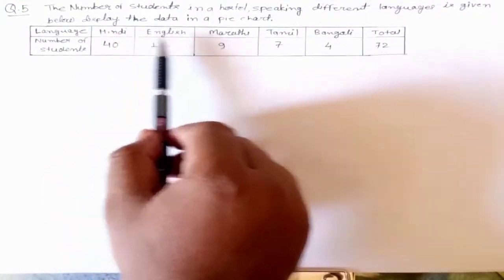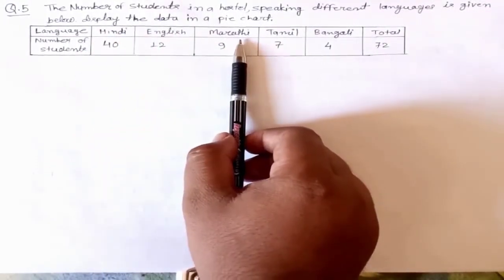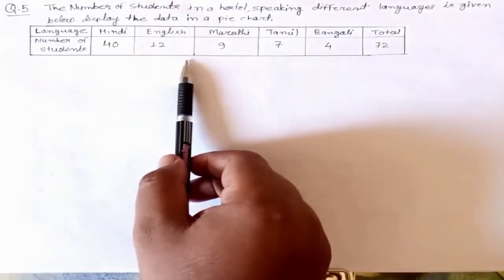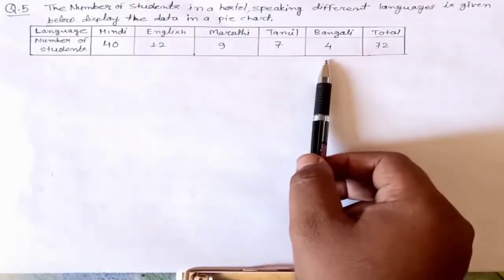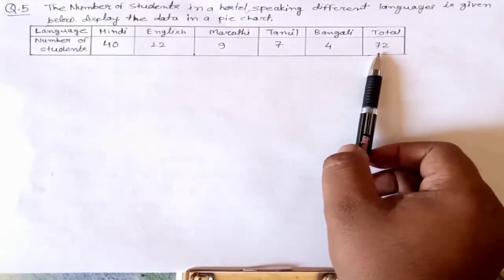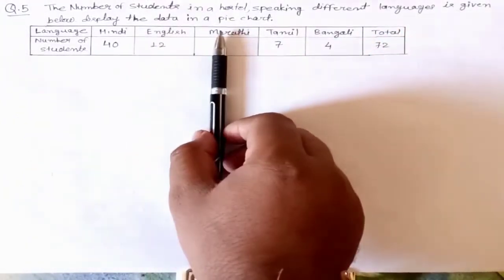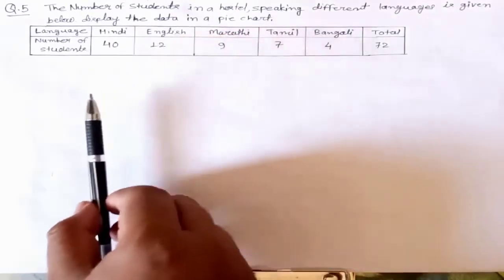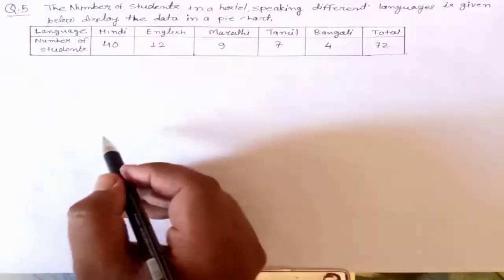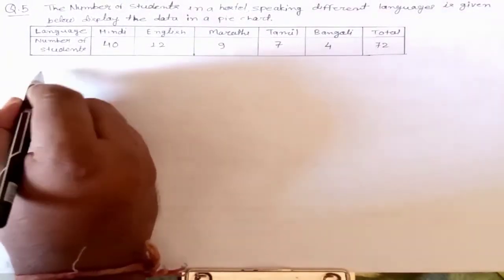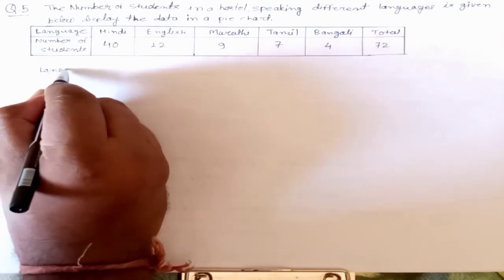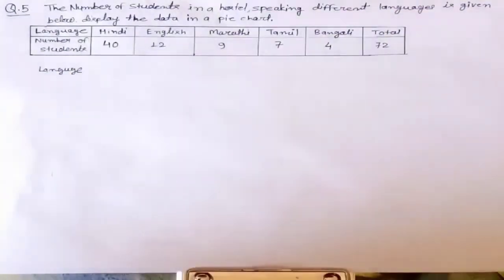So these are the different languages spoken by the students. Their numbers are 40, 12, 9, 7 and 4. The total students is how much? That is 72, right? So we have to make a pie chart. So what we have to do, you have to make a similar table, right? So let's start. So first, just language, right? First language.